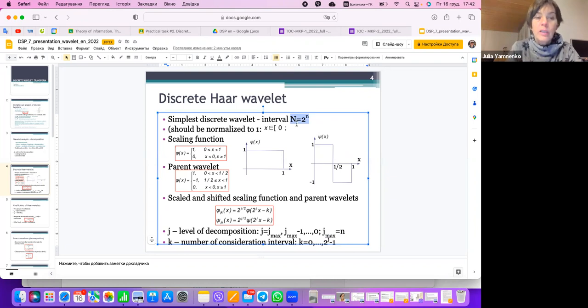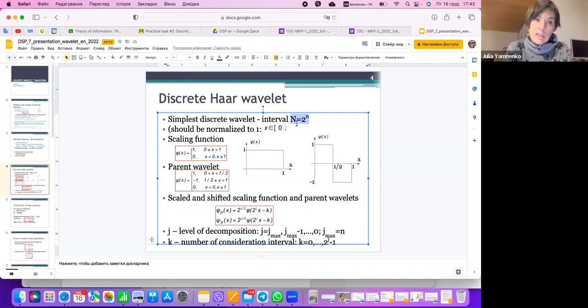For example, in your practical work, let's say practical task number 2, it was a discrete Fourier transform, and in your variant you had 5 values, so your n was equal to 5. This is the number of values assigned to the original function.